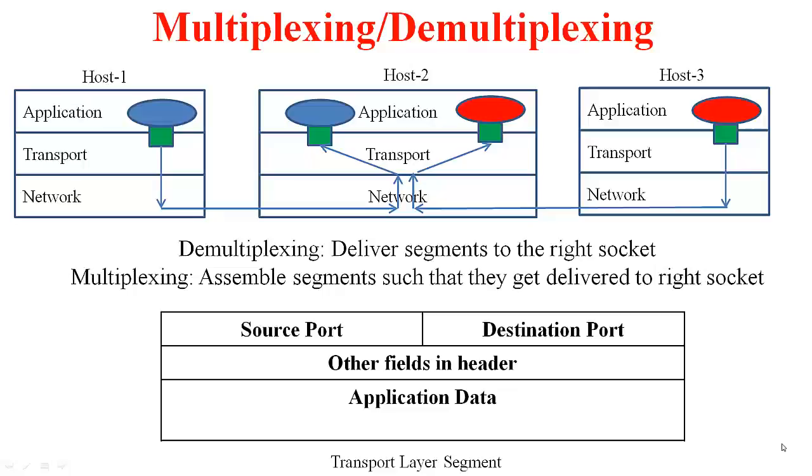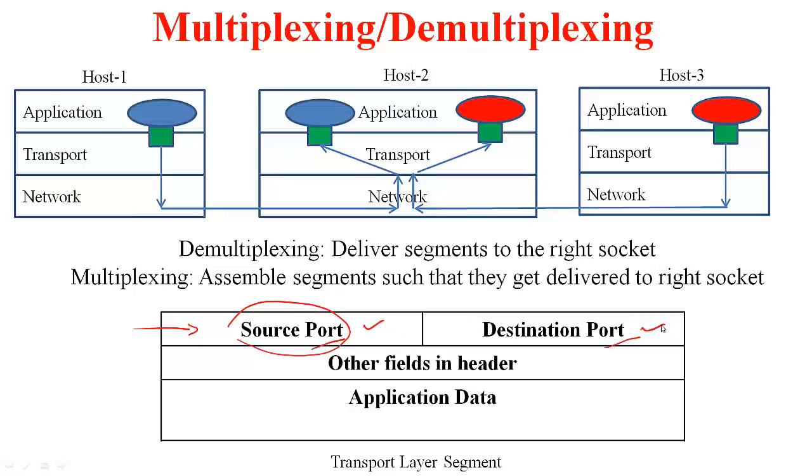And we have already seen that those fields are the source port and the destination port. Normally, you need the destination port based on which you are going to deliver it to the right process, but the source port helps so that this process can communicate with the other endpoint. So any transport layer segment will have both these fields.